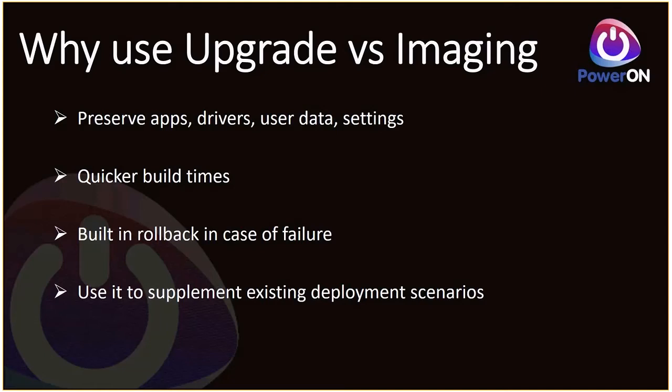So the administrative overhead of going from one build of Windows 7, 8 or even 10 should be reduced significantly through upgrading, because you don't need to make sure all the drivers, all the applications, all that content that's required for the operating system deployment, whether in the image or as part of the task sequence, are taken care of. That's all handled as part of the upgrade process, so all that is preserved.